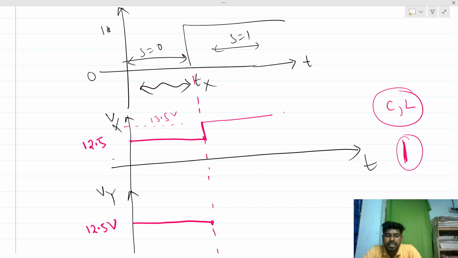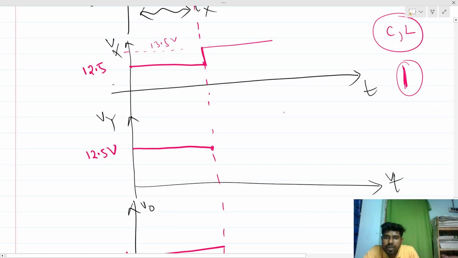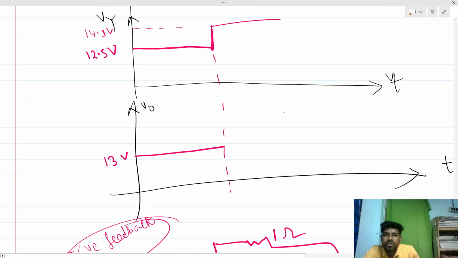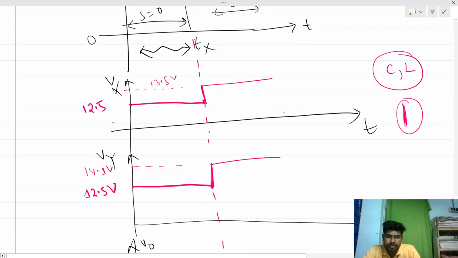Then Vy also jumps to 14.1 volt, and V out gets saturated to plus 15 volt. So this is the final waveform, and this is a very good question, according to me.